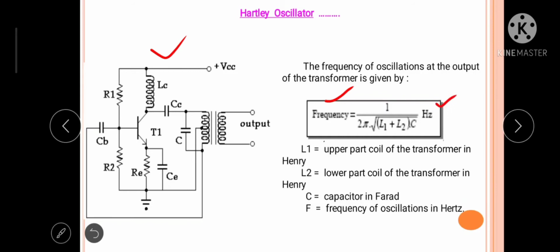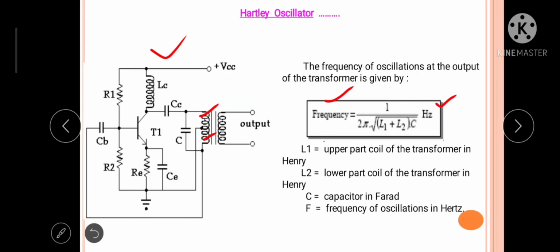In this formula, L1 is the upper part coil of the transformer in Henry. Then the second term L2 is the lower coil of the transformer in Henry. This is the lower coil of the primary of the transformer.